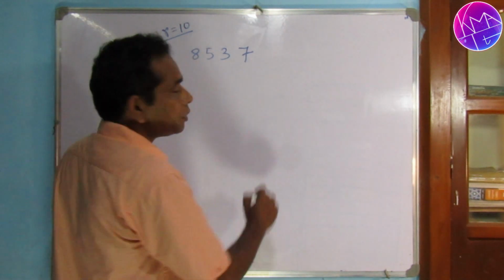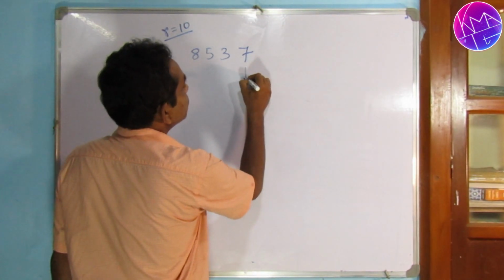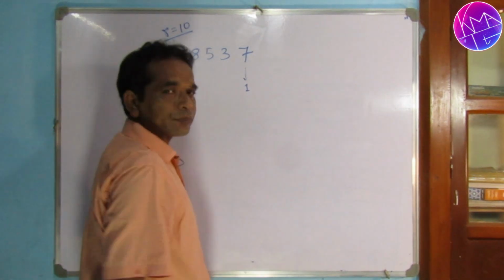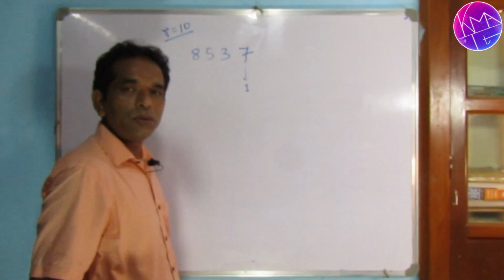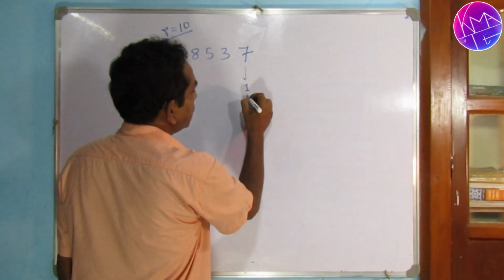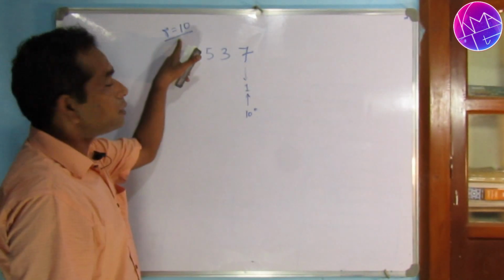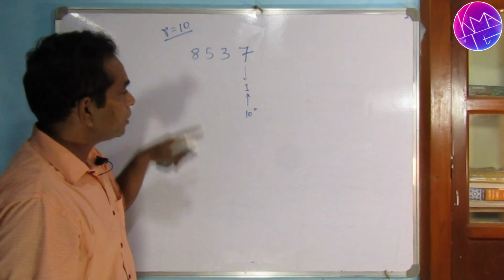From our childhood level we know one thing, that its units position means 1. Now this unity, where is it coming from, where is it being generated? It is 10 to the power 0. 10 is the base value or radix value of this number.